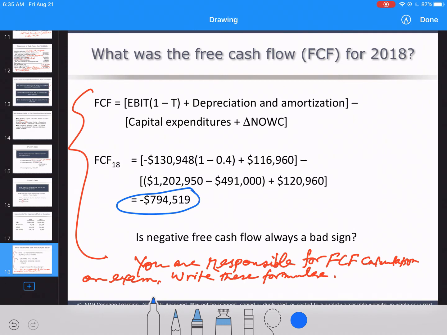As you can see, it's a negative number. For FCF, if you have FCF of 0, you are still doing good. But if you have FCF greater than 0, you're okay, you're better.